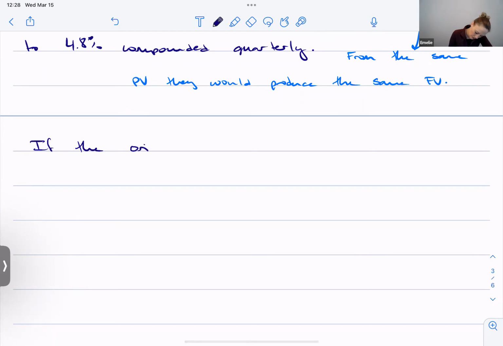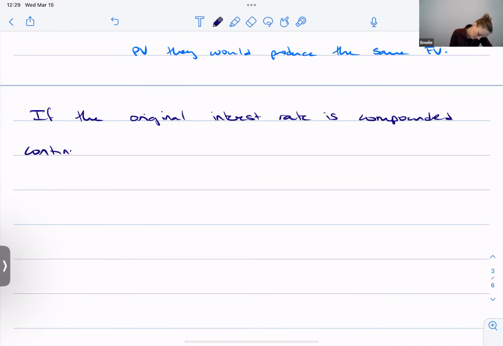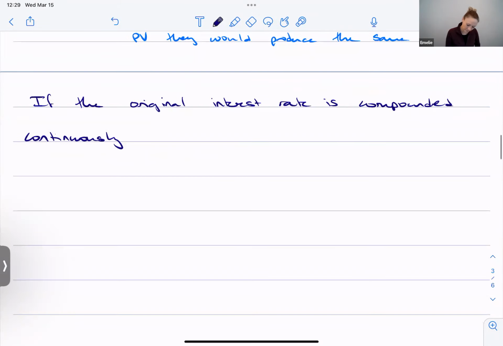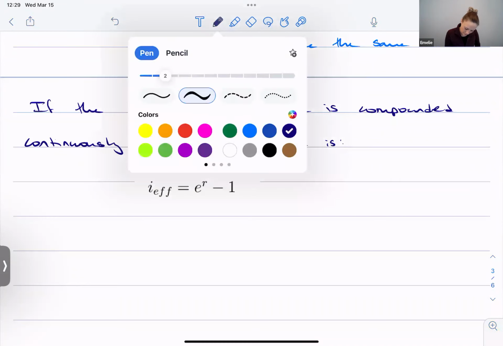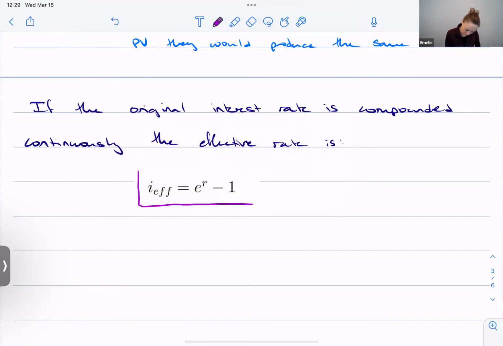If the original rate is compounded continuously, the effective rate is this guy, and purple is this one.